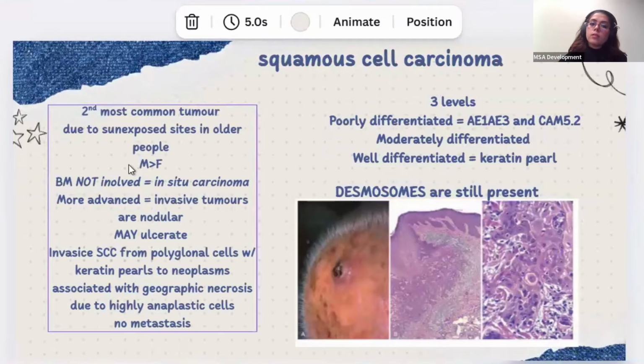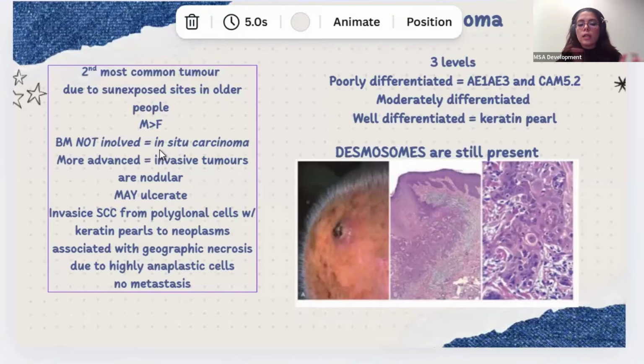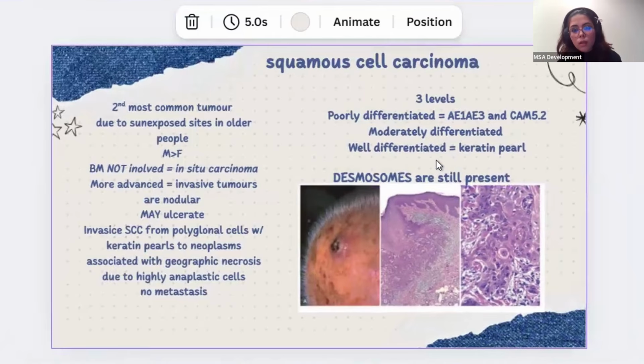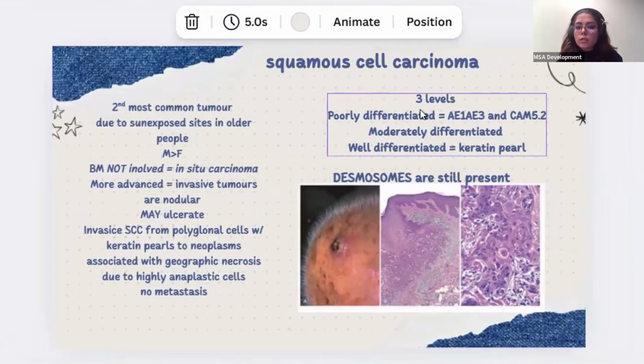More advanced, invasive tumors are nodular. It can ulcerate. Invasive SCC forms from polygonal cells with keratin pearls. Associated with geographic necrosis due to highly anaplastic cells. There is no metastasis in SCC. Melanoma there is. Poorly differentiated, there is moderately differentiated and well differentiated.